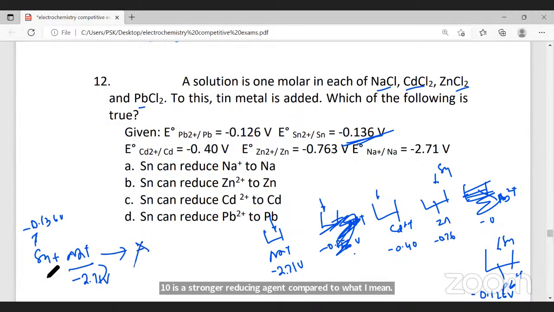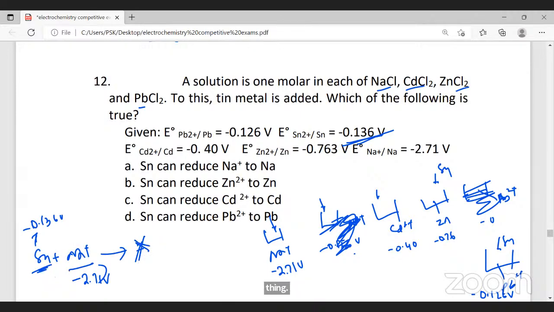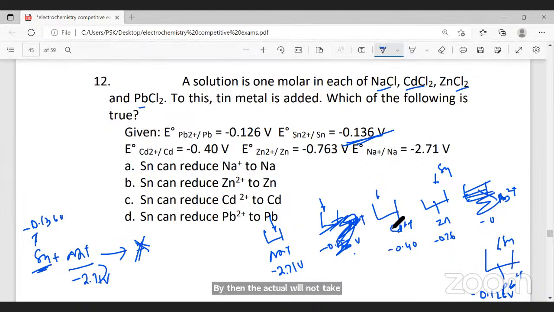Therefore, reduction of sodium is not possible by tin. Reaction will not take place. Similarly in cadmium, the negative potential is more compared to tin, so reaction will not take place. Zinc also has higher reduction potential than tin. Therefore, no reaction. But if you observe, lead is minus 0.126, and tin is minus 0.136.